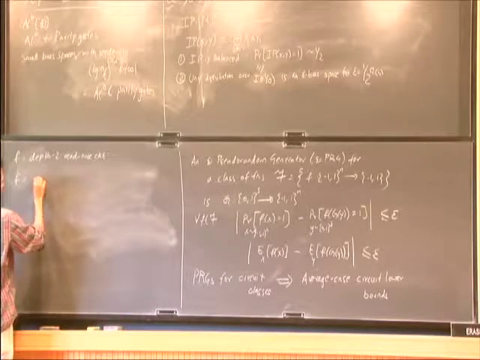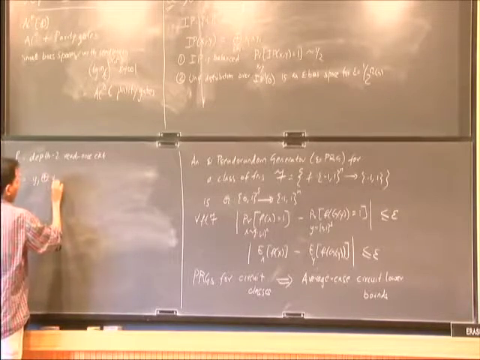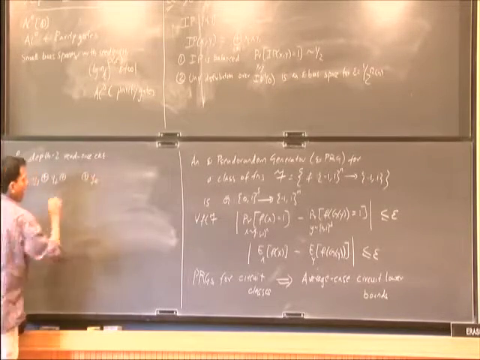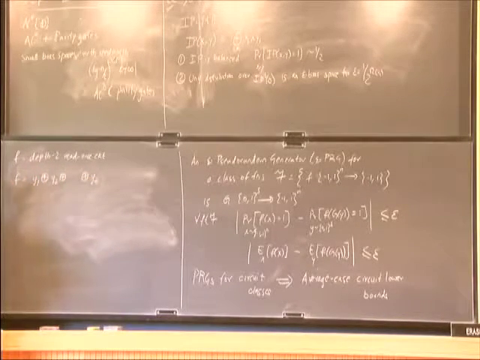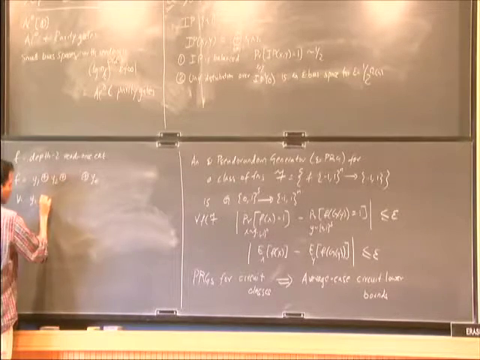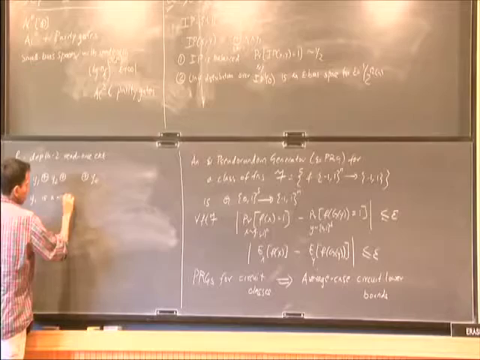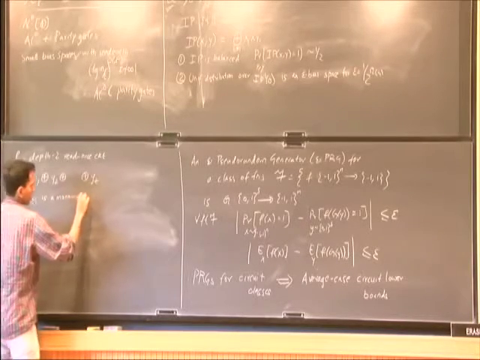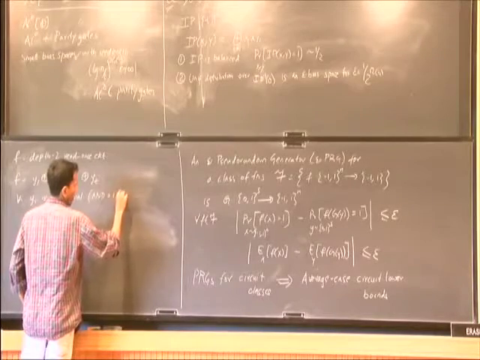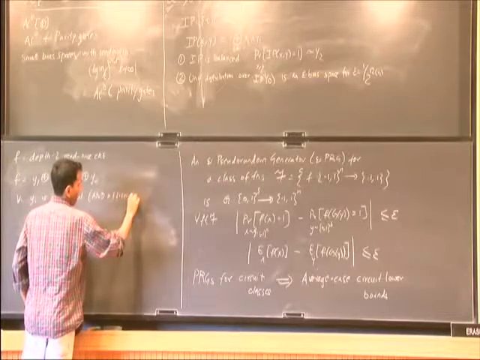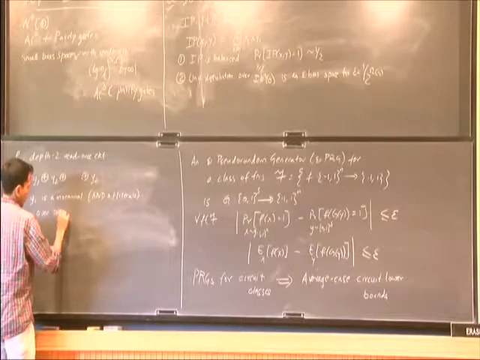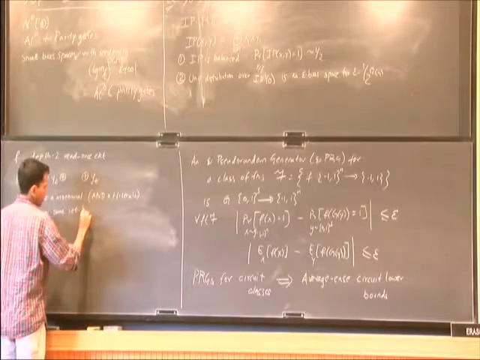So f can be written as a parity of the yi, and here for each i, yi is a monomial, by which I mean that it's an AND of literals over some set Si of variables.